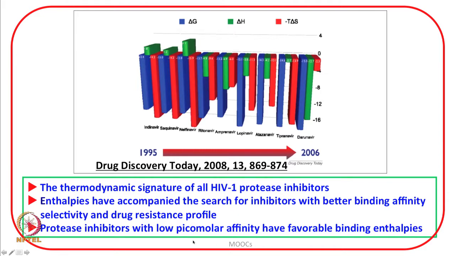You remember in one of the previous lectures I said that physical chemists would like to talk in terms of association and biochemists would like to talk in terms of dissociation. So, picomolar means we are talking here in terms of dissociation, and one can convert this dissociation constant into association constant and talk in terms of the binding affinity or binding constant.